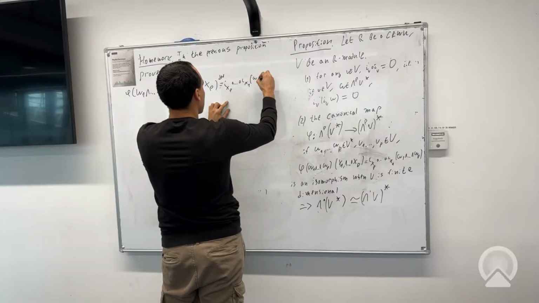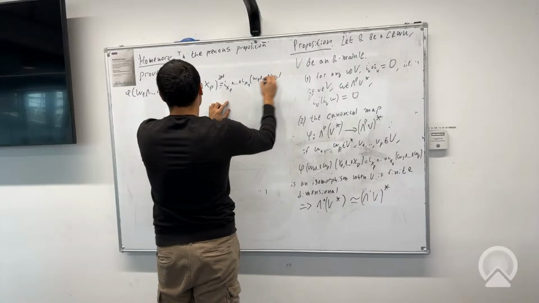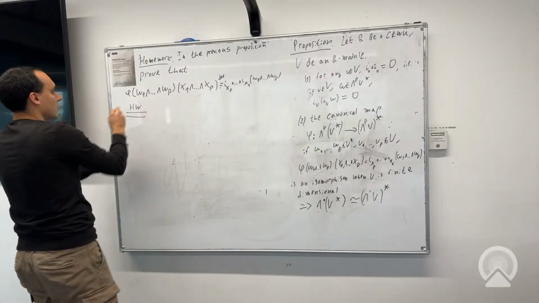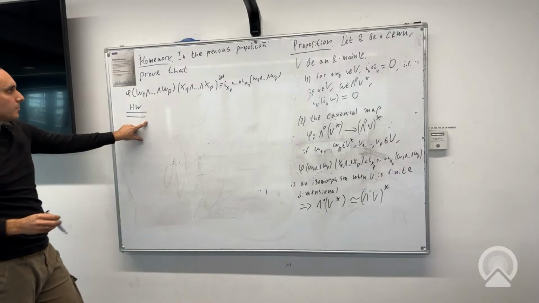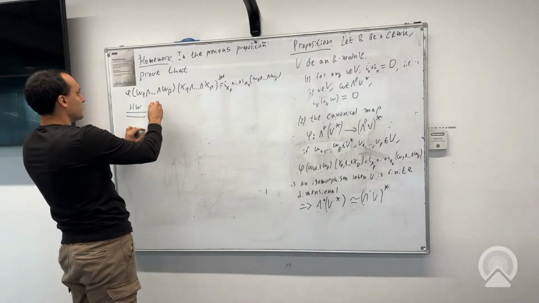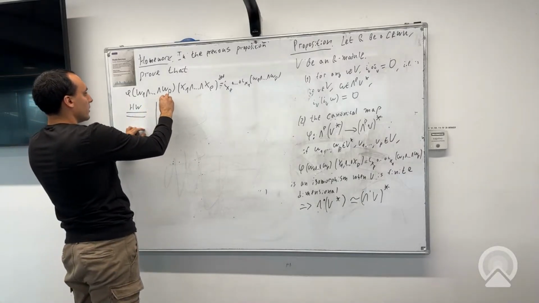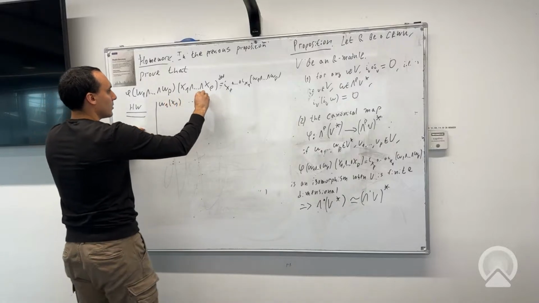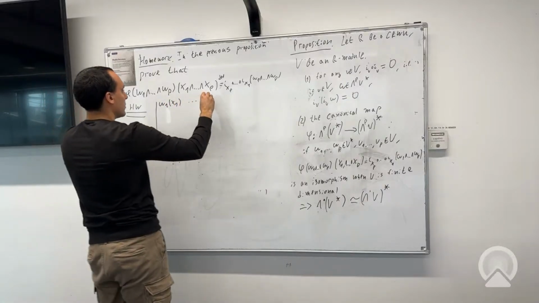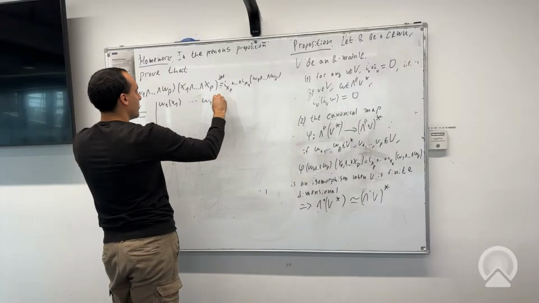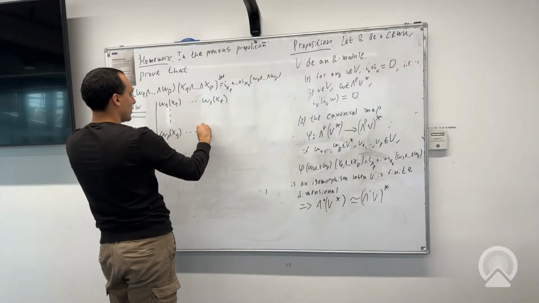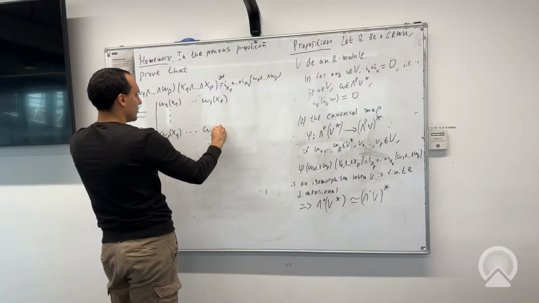And then I want from you to prove, so homework, that this is the determinant of omega i of xj, the matrix with rows omega 1 of x1 to omega 1 of xp, down to omega p of x1 to omega p of xp.